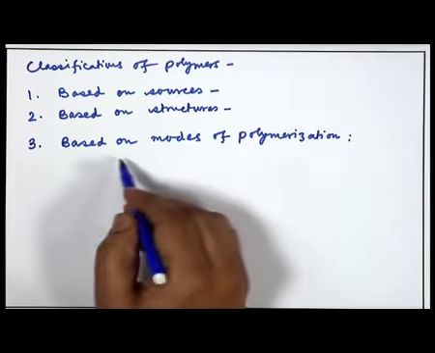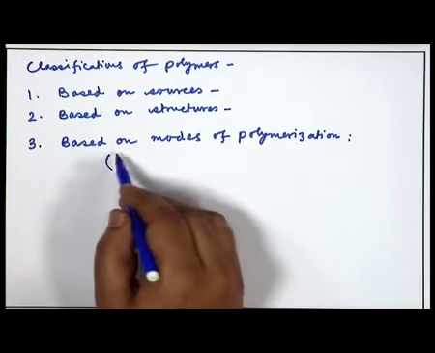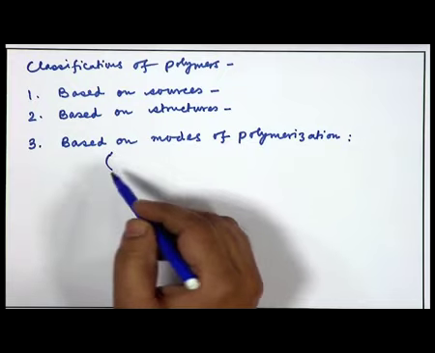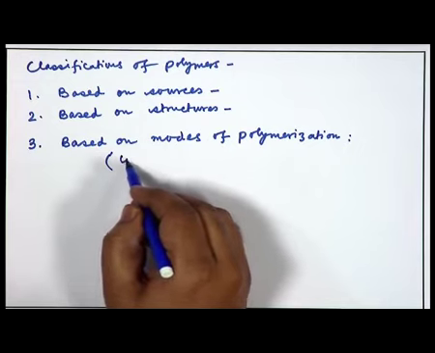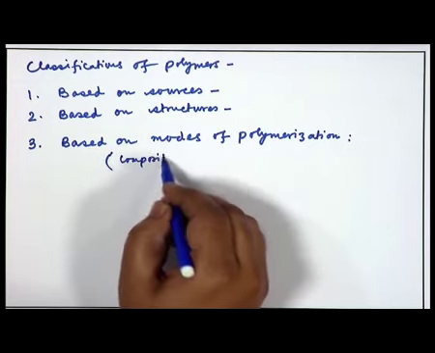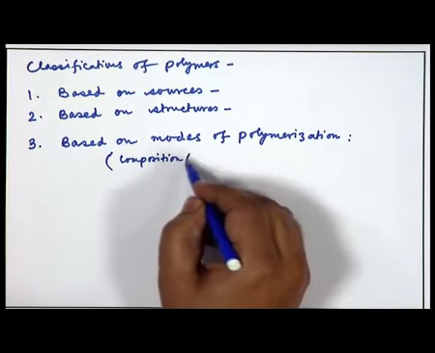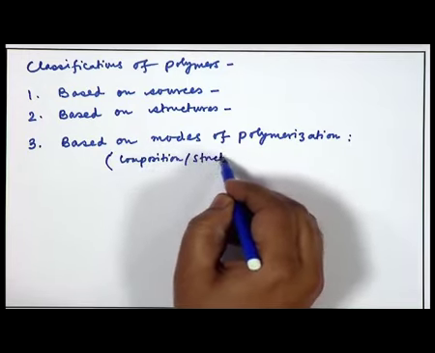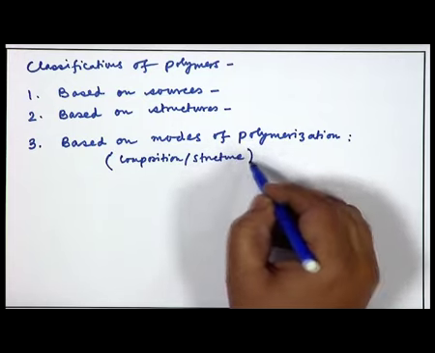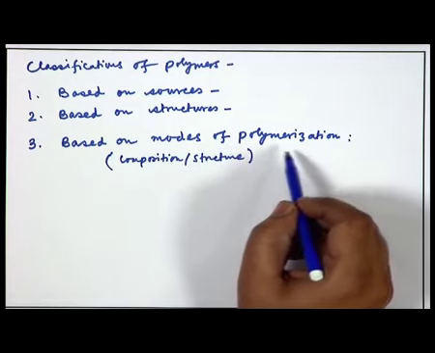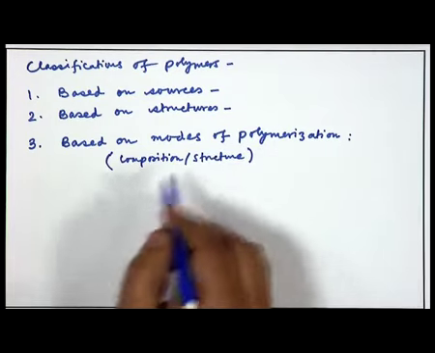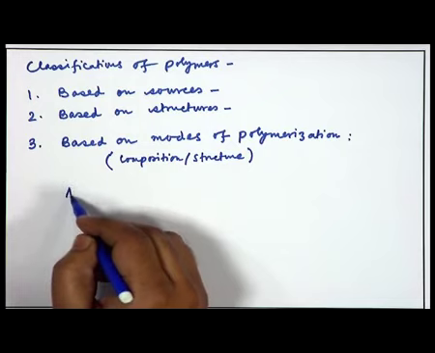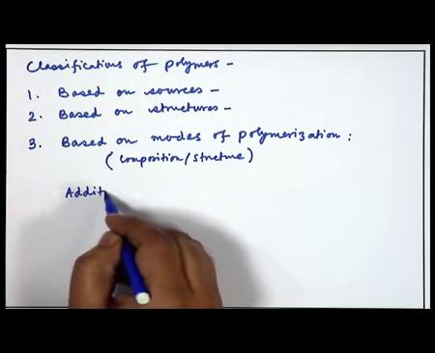In true sense, this is actually basically the classification based on the composition or structure, chemical structures, relation between the monomer and a polymer. And in this case we have two types. One is addition.